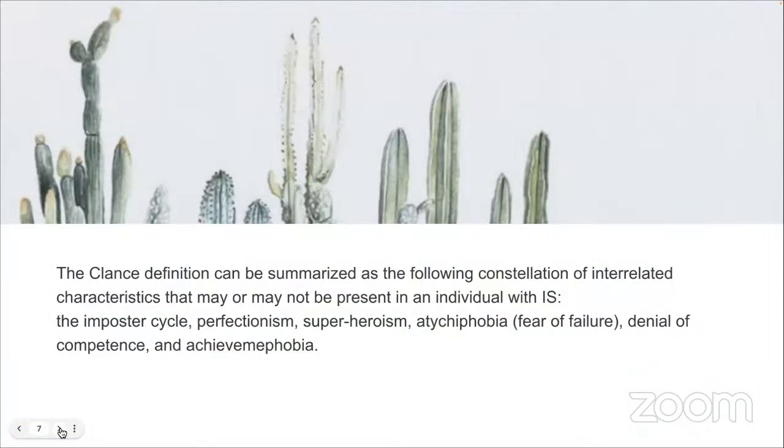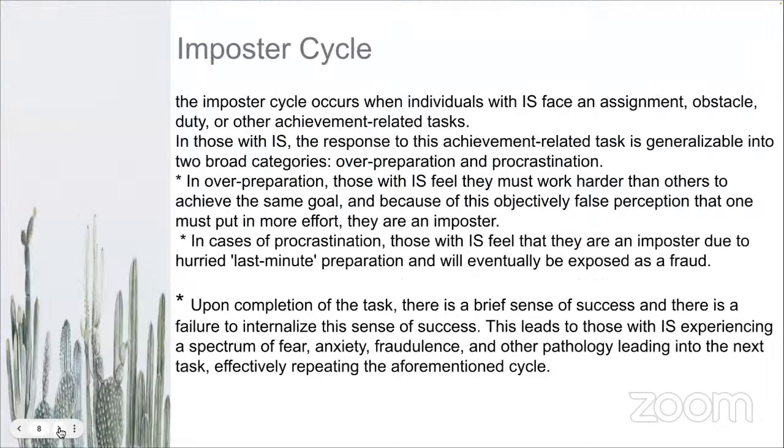The class definition can be summarized to the following criteria or characteristics that may or may not be present in individuals with imposter syndrome. First, we have the imposter cycle, perfectionism, superheroism, atychiphobia or fear of failure, denial of competence, and achievemephobia, which is fear of success.